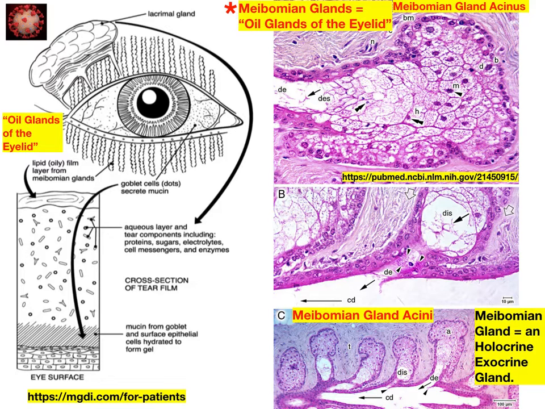On the right side of this slide, you see three panels. These are histological sections of meibomian glands, and the upper panel shows the gland secreting an oily cellular material from the right to the left.